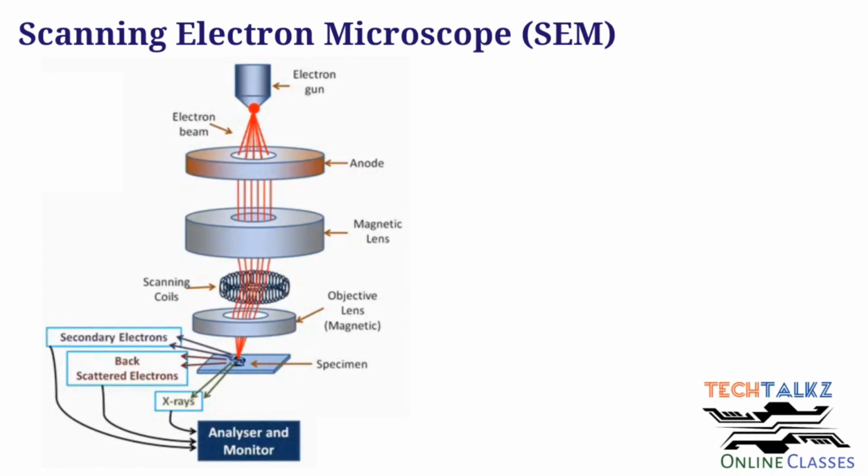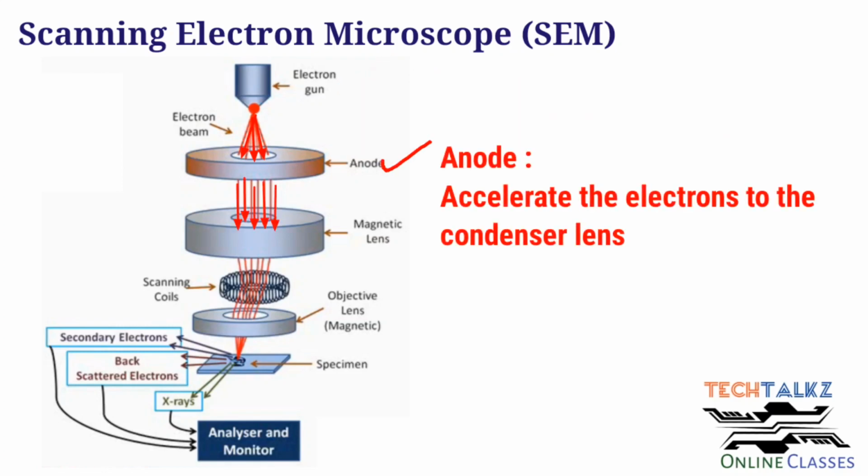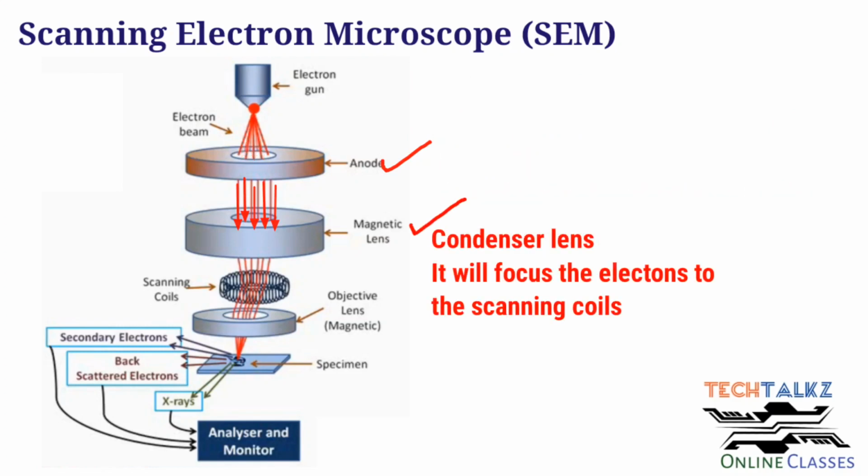Okay, now we can see the different elements in the scanning electron microscope. There is an electron gun, which produces a beam of electrons. Then these electrons are accelerated to the condenser lens using the anode. This magnetic lens is called the condenser lens. This magnetic lens will focus the electron beam onto the scanning coils.